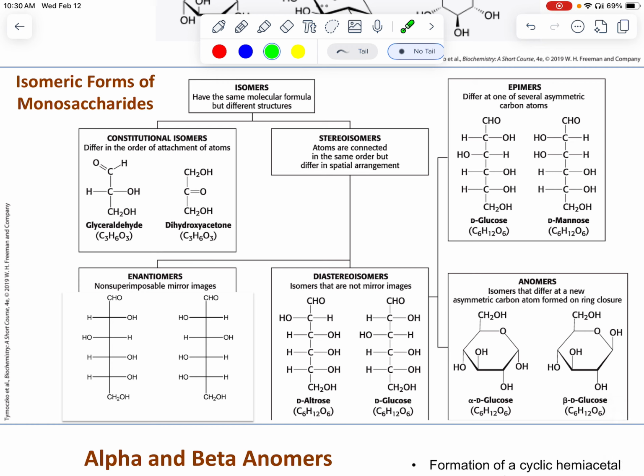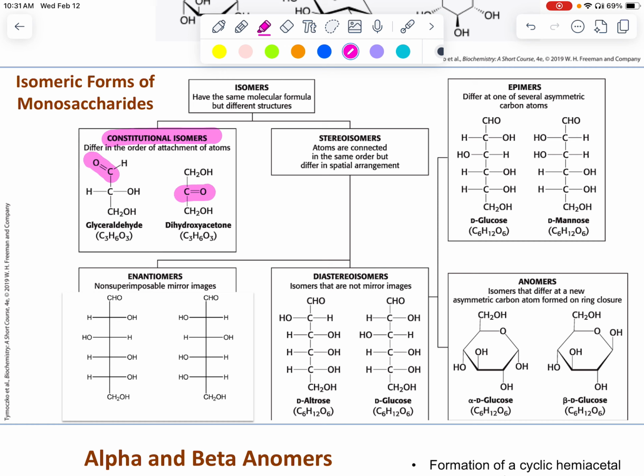Isomers. So let's talk classes of isomers. Isomers have the same molecular formula, but different structures. The easiest type to identify is a constitutional isomer, because these things have different orders of attachment. So for example, here, the carbonyl is on the first carbon. Here the carbonyl is on the second carbon.